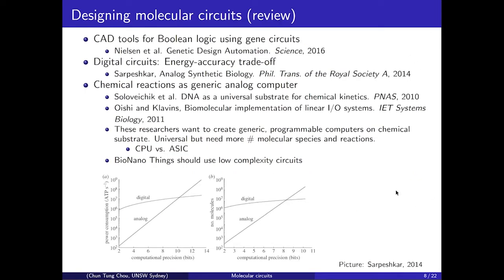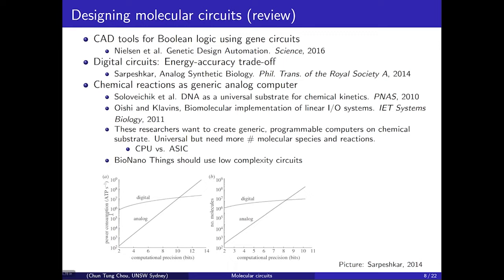Now, what work has been done on designing these molecular circuits? If I talk about circuits that use genes as one of the components and use Boolean logic, this is actually the most advanced part. There are CAD tools that you can use to design these circuits. Now, for digital circuits, I want to point out there is a very interesting energy-accuracy trade-off.